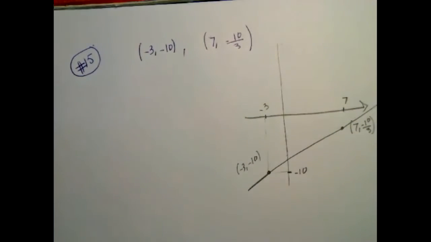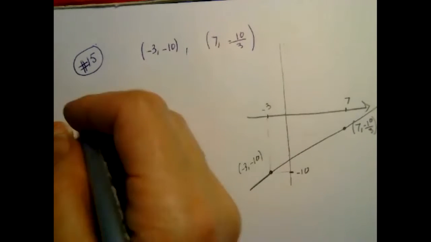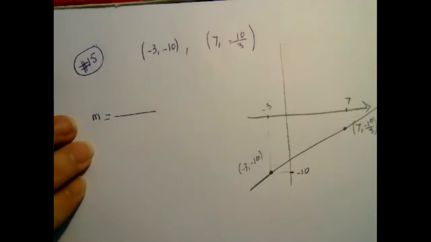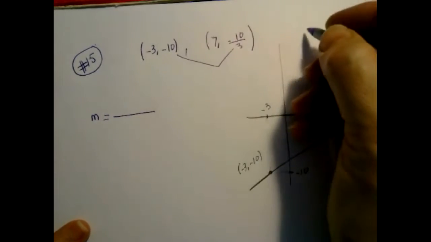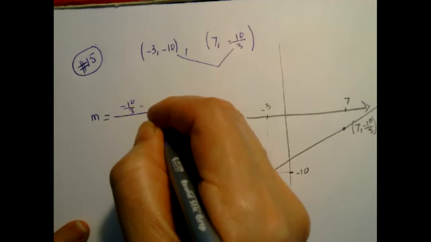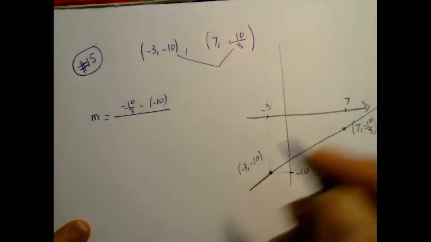So to find the equation, I need two things. I need a slope and a point. Slope, point, give me the equation. So let us compute the slope. These are my two points. So it's the change in y. It means 10 minus -10/3.